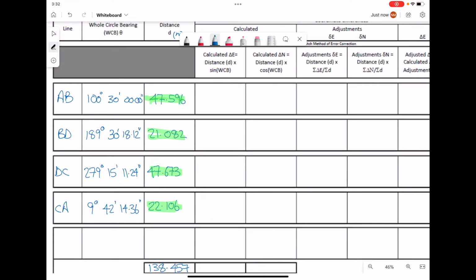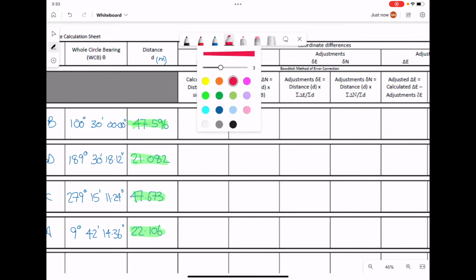Here you can see the two formulas that we're going to use. The calculated partial delta E is the distance that we have for the leg times the sine of the whole circle bearing.